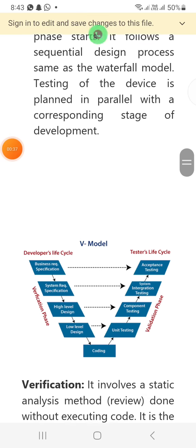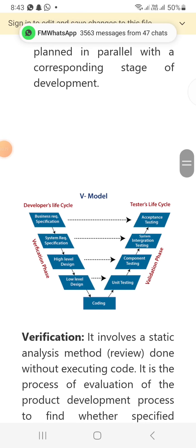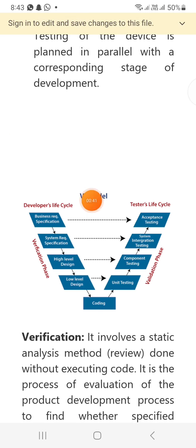So here we discuss the model. First of all, the title is V model, and here is the developer life cycle, and here is the tester life cycle.